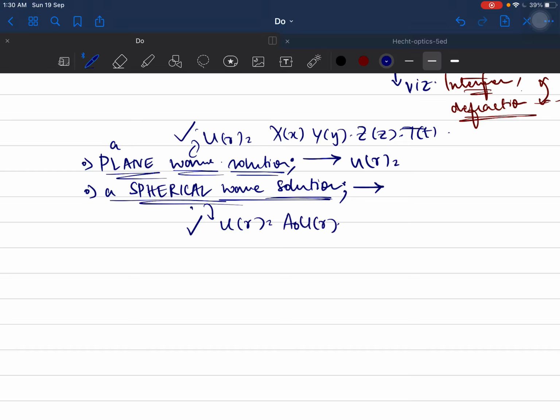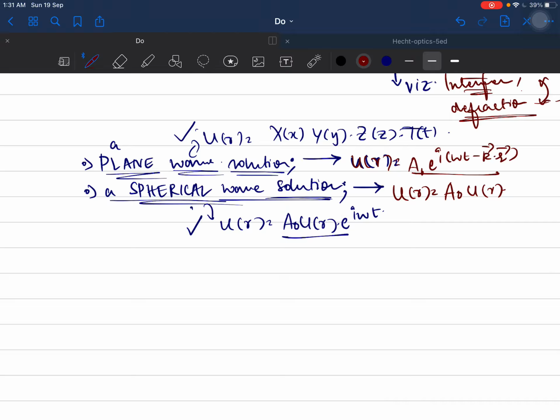A naught u of r e^(i omega t). So ultimately both of these resulted in an equation of i omega t minus k bar dot r bar. This is fine. U of r equals A e^(i(omega t minus kr))/r.